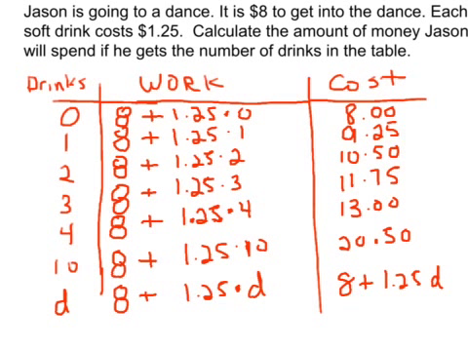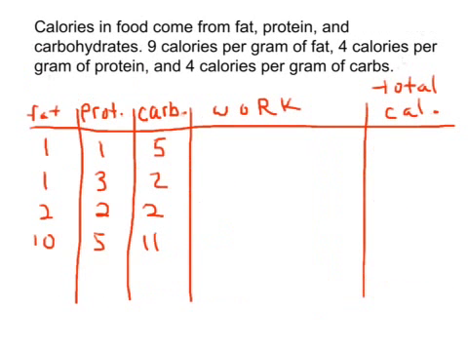Okay? So here's another example. It's about food, and it involves calories in food. Basic food stuff may have fat, protein, and carbohydrates. 9 calories per gram of fat, 4 per gram of protein, and 4 per gram of carbs.